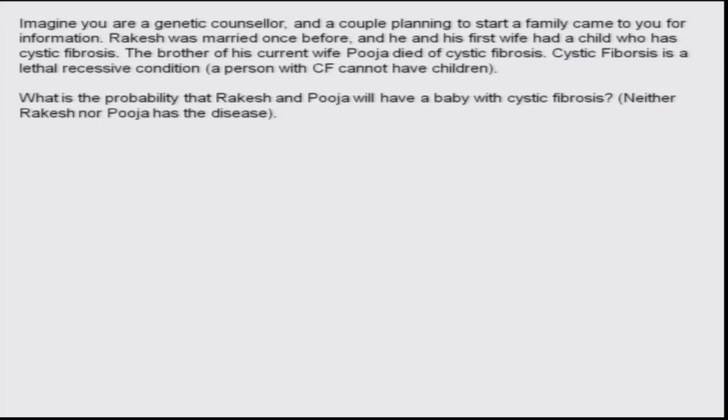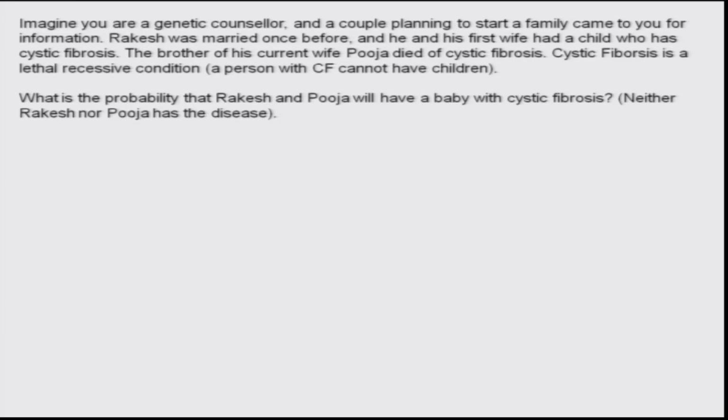This individual, Rakesh, was married once before, and he and his first wife had a child who has cystic fibrosis. It is a disease that is really severe, and the person doesn't survive long. The brother of the current wife, his second wife, Pooja, had cystic fibrosis and he passed away.